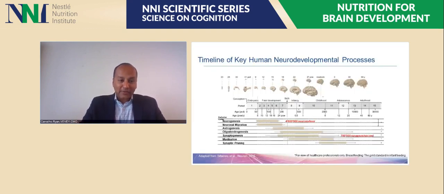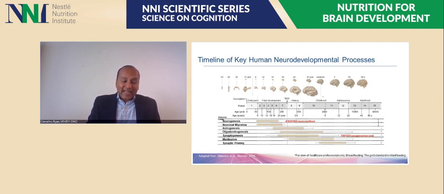In a publication from a few years ago, we now know that different parts of the brain develop at different times. Things like neurogenesis and neuronal migration start during the early fetal development. Astrogenesis, oligodendrocytes, myelination starts a little bit later, but continues throughout that critical period of childhood and into young adulthood.